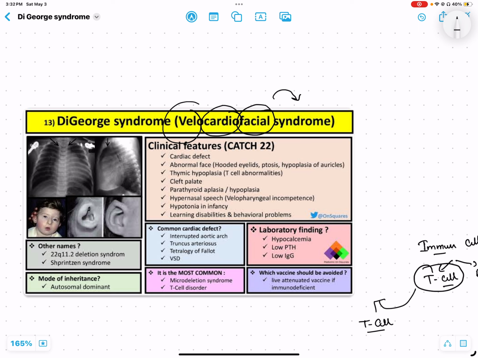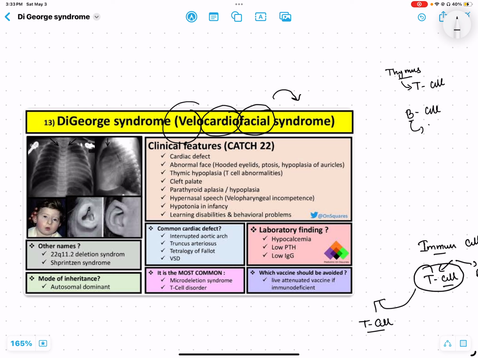T cell deficiency. If you remember, T cells mature in the thymus, and B cells mature in the bone marrow.